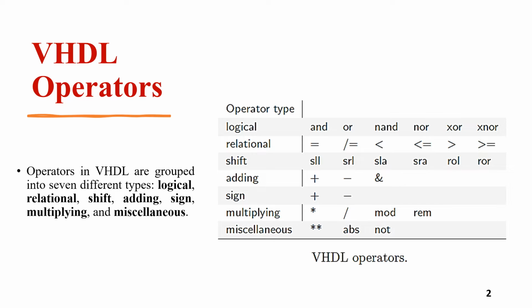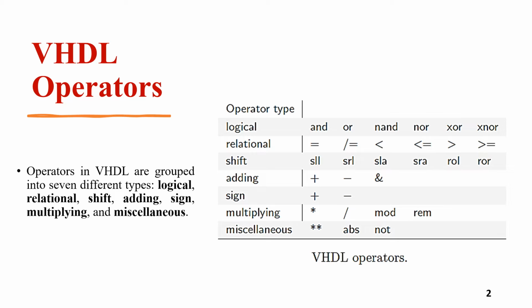In the adding category, we have plus, minus, and also concatenating. Concatenating is done by integrating some bits together, and it is done by the ampersand.